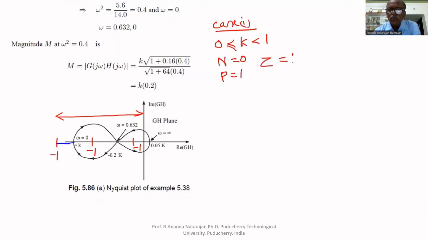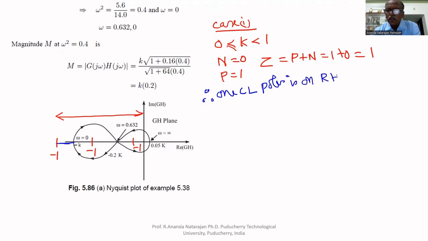Therefore, Z equals P plus N, that is 1 plus 0 equals 1. One closed loop pole is on the right hand side, and the system is unstable. That's all. Case 2.